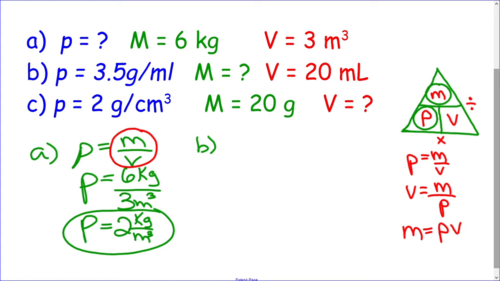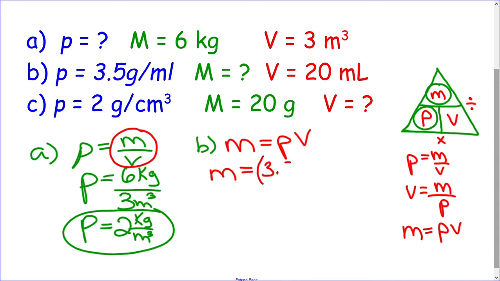So in B, I need to solve for mass. I go to my triangle and see that mass is the two terms multiplied together, density times volume. Density, in this case, is 3.5 grams per milliliter. I'm going to set up my equation and open up brackets when I put my numbers in, just to have place values for where they go.